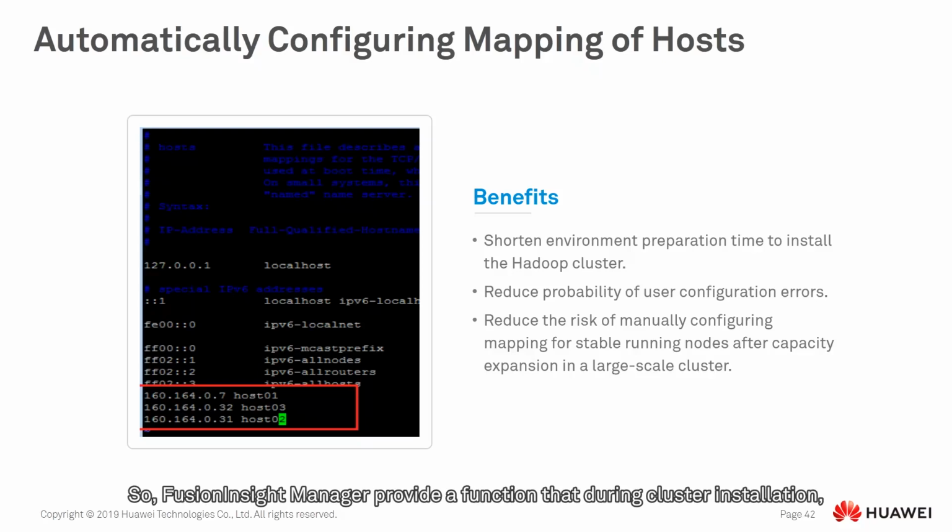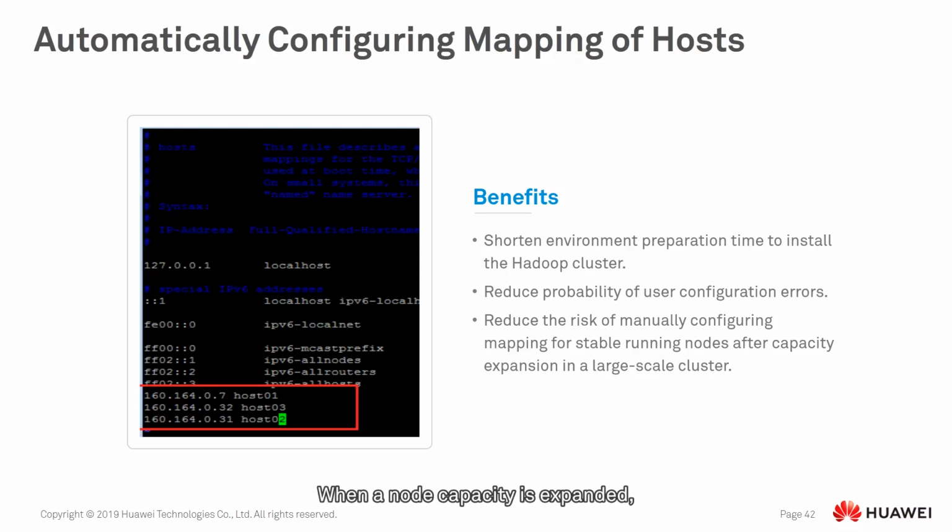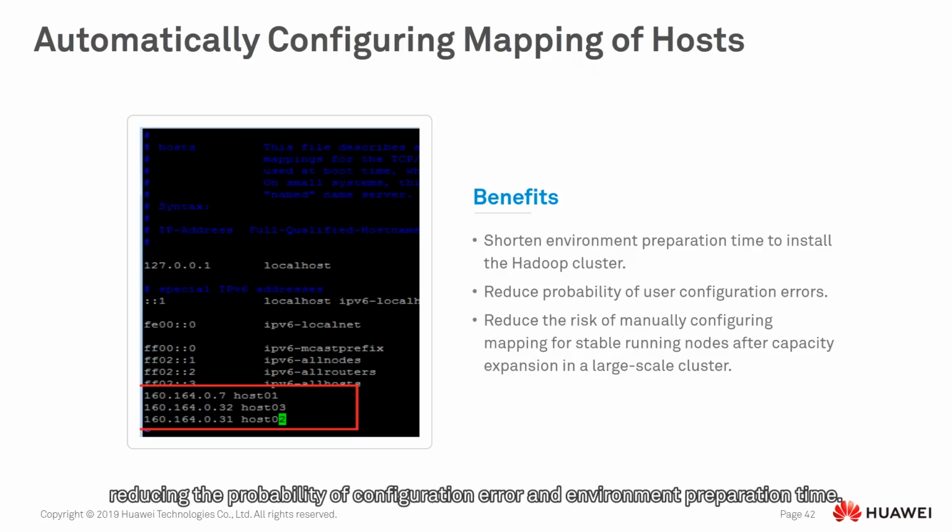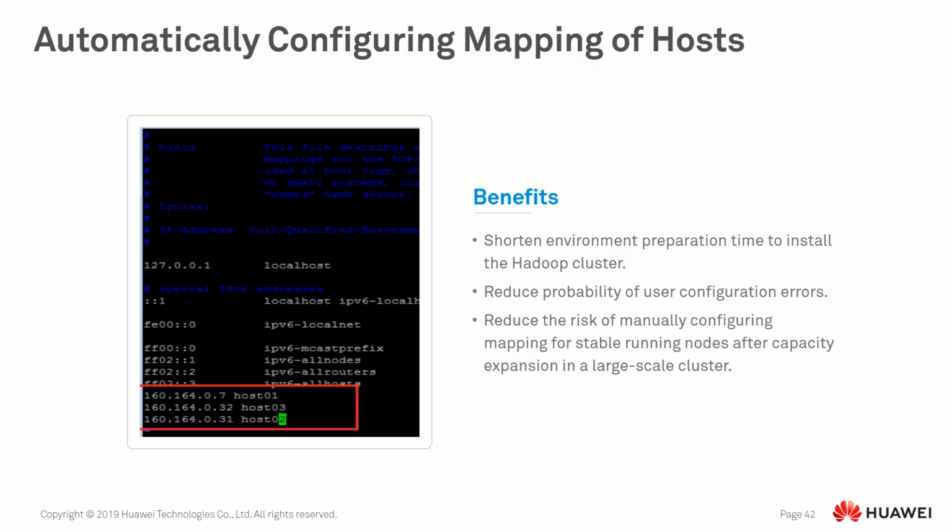So FusionInsight Manager provides a function that during cluster installation, the information in the host file of all nodes is automatically updated. When a node capacity is expanded, the information of this file of all nodes is also automatically updated. In this case, users don't need to configure manually, reducing the probability of configuration error and environment preparation time.